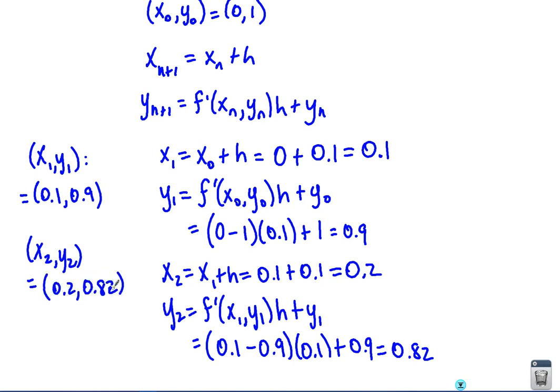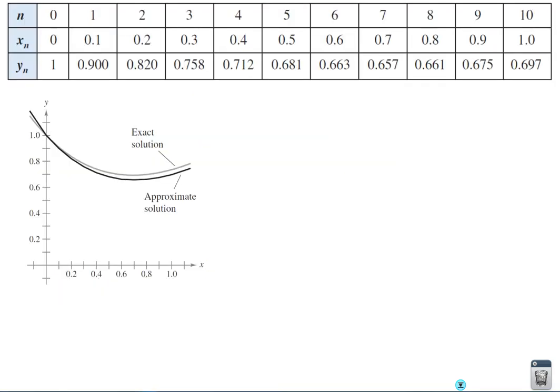Now, I could keep doing this as many times as I wanted to. The more points that I have, the more accurate my approximation is for my overall curve, and also the closer the points are, the more accurate it is. On this next page, if I had continued on with this, I would have approximated a lot more points. The black curve right here is my approximation, and the gray is the exact solution.